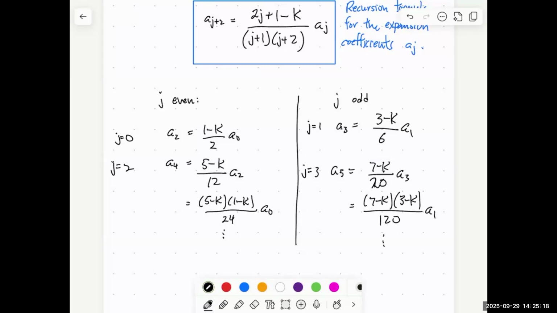Notice what's happened here: we're going to get all of the coefficients except for a_0 and a_1. Those are still unknown. Why is that? It's because our time-independent Schrodinger equation is still a second-order differential equation. It still has two unknown integration constants that you have to get using, say, boundary conditions or normalization. So a_0 and a_1 are like our integration constants.